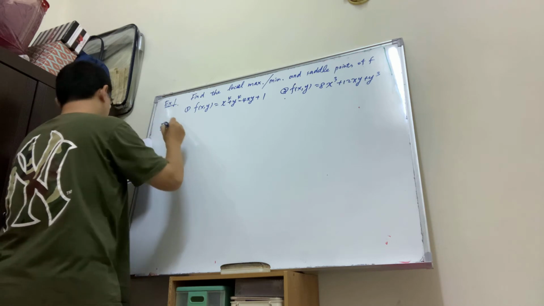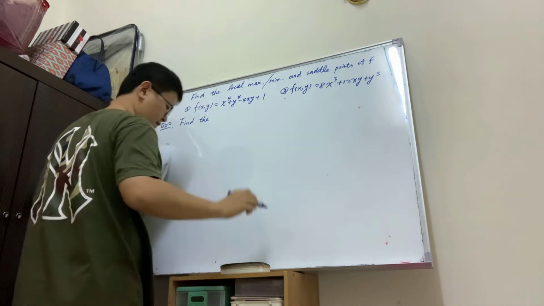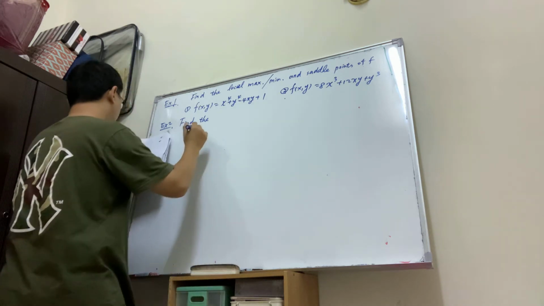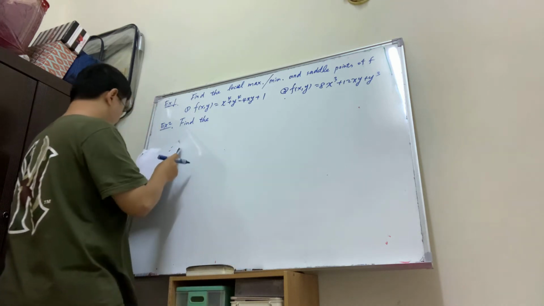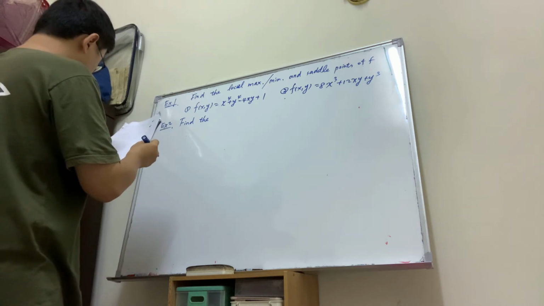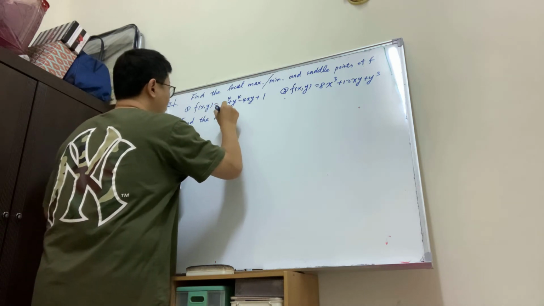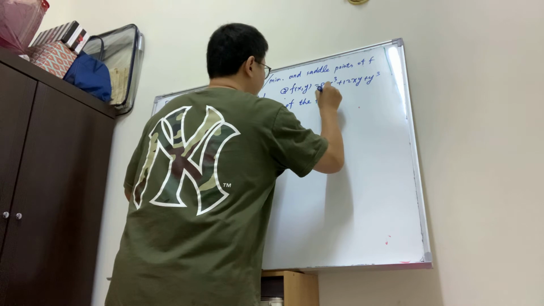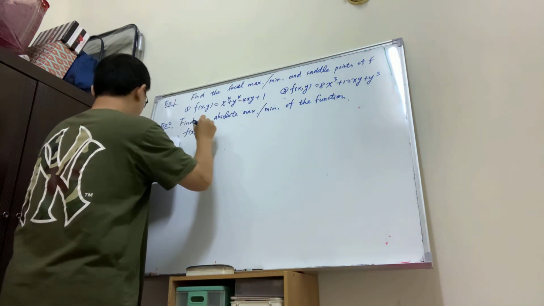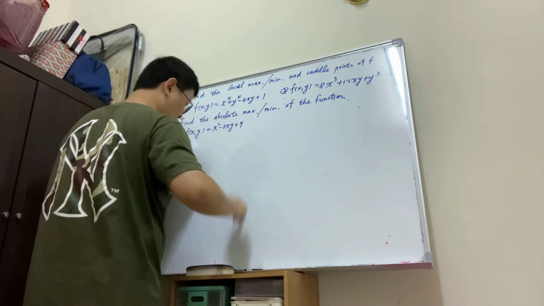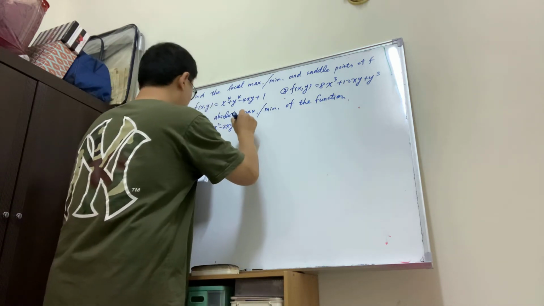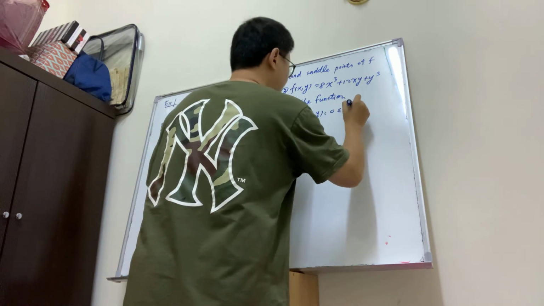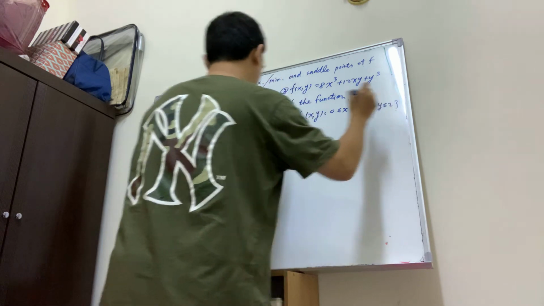And for the second one, we find the absolute maxima and minima of the function f(x, y) equals x squared subtract 2xy plus 2y, where x is between 0 and 3 and y is between 0 and 2.